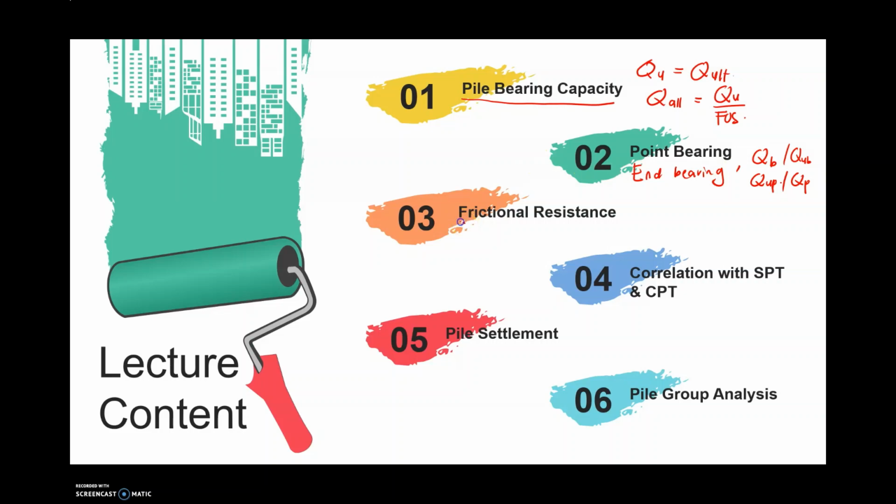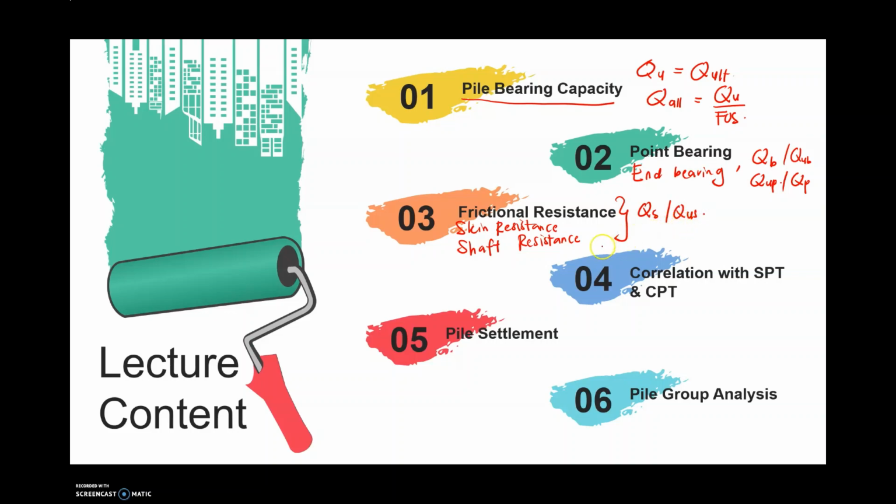Sometimes we consider it as skin resistance. The terms skin resistance, frictional resistance, and also shaft resistance are the same term. So this one is QS, or we consider it as QUS.